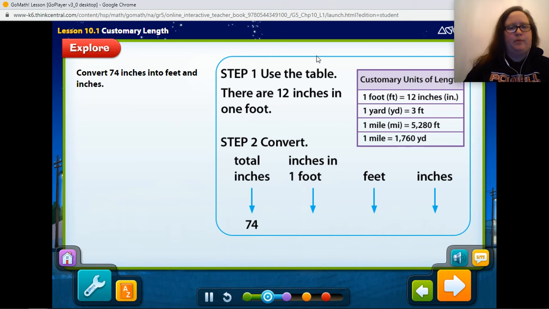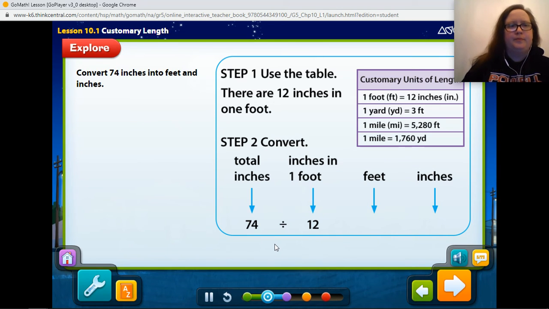Let's record the data you know. The total inches being converted are 74. There are 12 inches in 1 foot. You are converting a smaller unit to a larger unit. So what operation should you use? We're converting smaller to larger, which means we're going to divide.